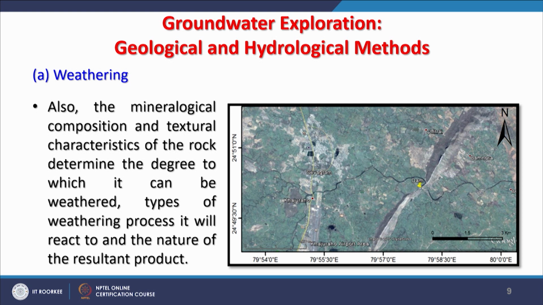So, these quartz reefs you are seeing here are purely quartz, whereas the surrounding rocks are granite, in which mica and feldspar got weathered, and therefore these quartz grains too got eroded from all this area, whereas quartz reefs remain outstanding.